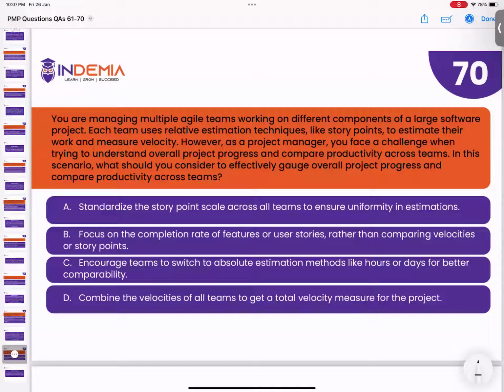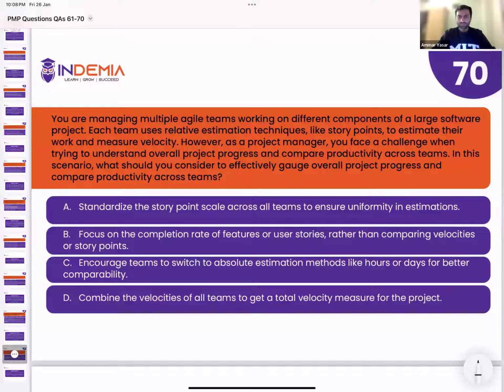So I believe A is the more viable option. All right. So I can see only three answers, right? Jashri? Yeah, standardizing the story point scale seems to give a better view, since the project manager is looking at comparing the overall progress as well as productivity across the teams. So A seems to be more applicable out of the four answers.